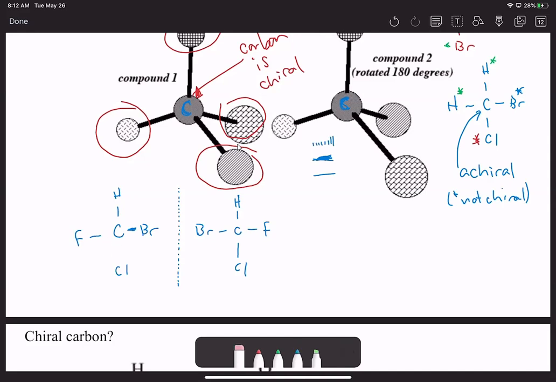I'm going to change this to a dashed wedge. And then over here, we'll do the same. I'm going to go with a dashed wedge. And then we have this darkened wedge where the bromine was. All right, so now what we have here are mirror images. These are non-superimposable.